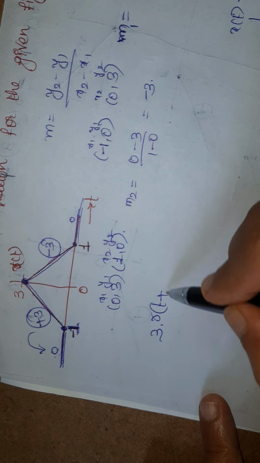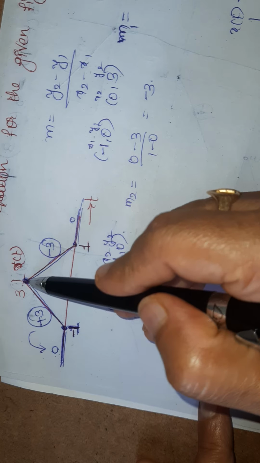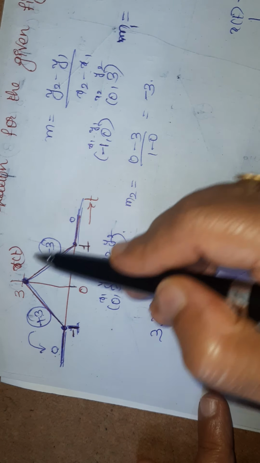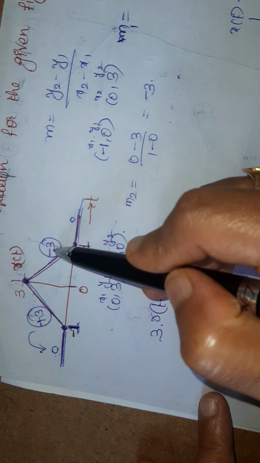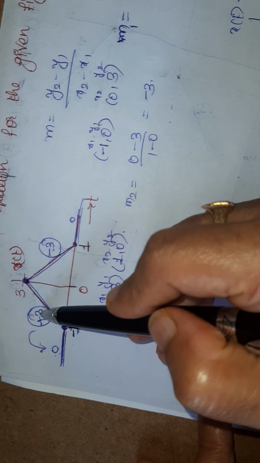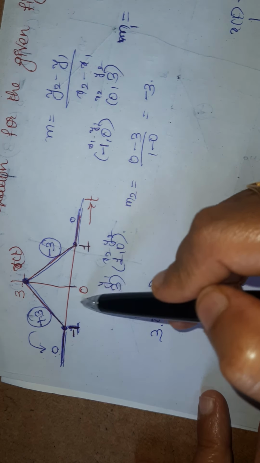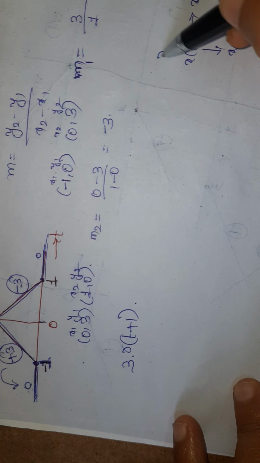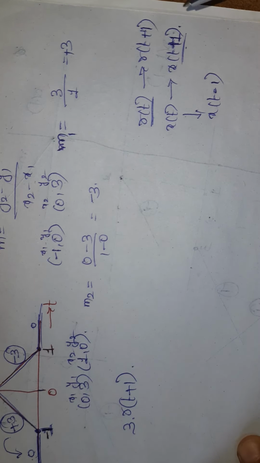So this is r of t plus 1. Next, exactly at t is equal to 0, the slope is getting changed from plus 3 to minus 3. First it is changing from 0 to 3, next it is changing from plus 3 to minus 3, at t is equal to 0. At t is equal to 0, the signal is nothing but r of t only.